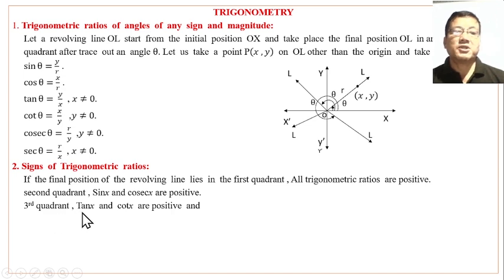In the third quadrant, tan x and cot x are positive.